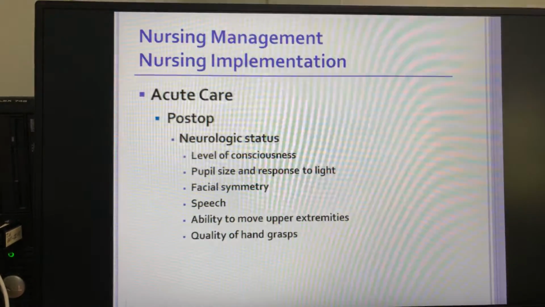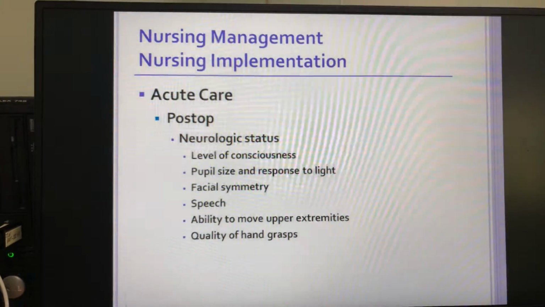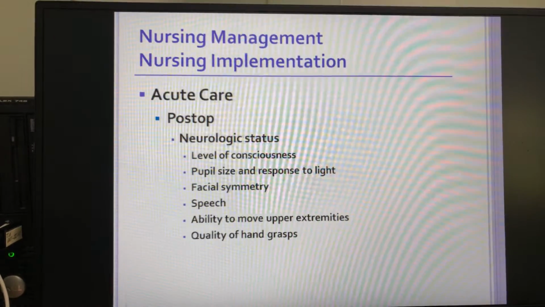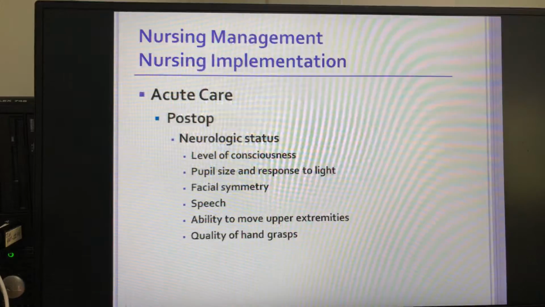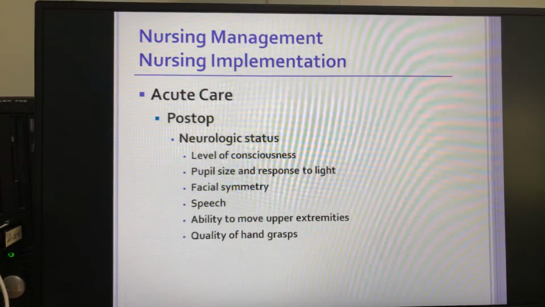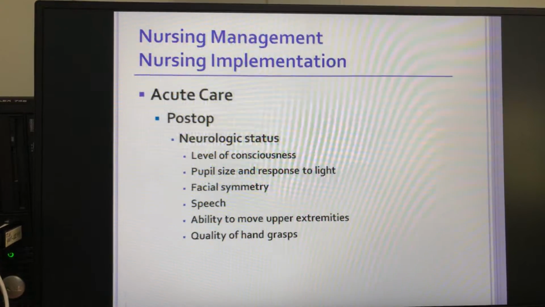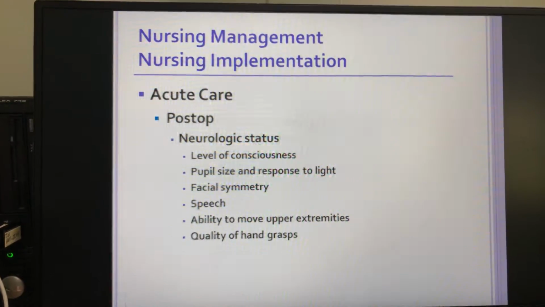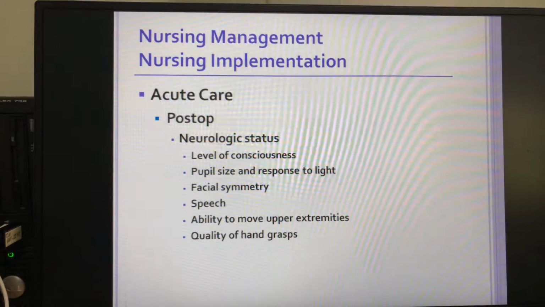Neurologically, when the descending aorta is involved, neurovascular assessment of the lower extremities is important. So we want to check the skin temperature and color, capillary refill time, and sensation and movement of the extremities. During that neurologic status assessment, you look at level of consciousness.